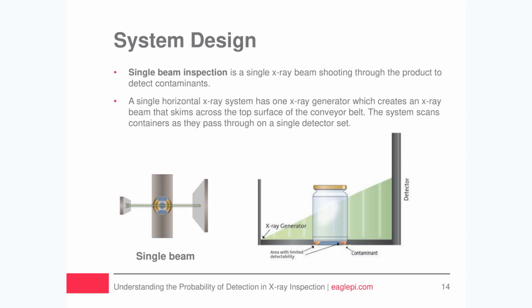In applications such as bottles, cans, and jars, a horizontal single beam solution is typically used, and this is demonstrated in the slide. A single beam X-ray system provides an acceptable level of detection in the body of the jar, but may not yield the best results in the base or the top of the container.